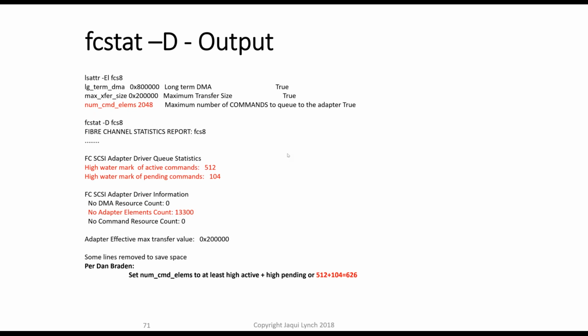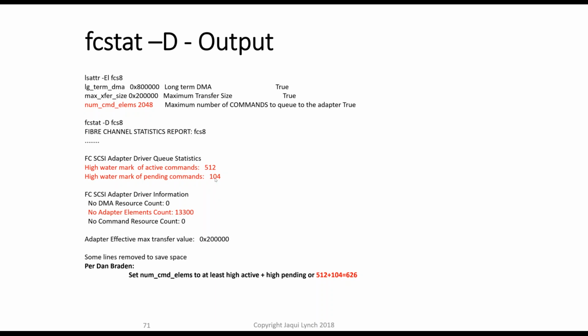Now, if you're trying to figure out what you should set num_cmd_elems to, one of the things you can do is run the fcstat -D command and look at each of the ports. What you'll see is a high water mark of active commands and of pending commands, and then you'll have your no adapter elements count and so on.